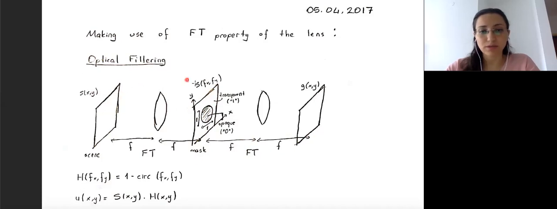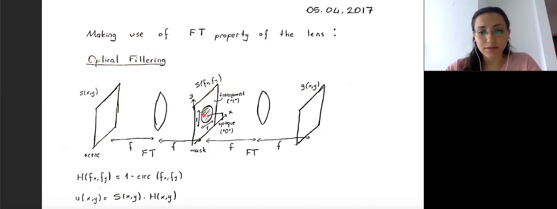So what will this system perform at the end? We're taking the Fourier transform of the object here. Then it's passing through a mask, which means it's basically multiplied by the mathematical expression of the mask, and then we take another Fourier transform. So the role of the mask is actually filtering. It allows some frequencies to pass and some frequencies to be blocked.